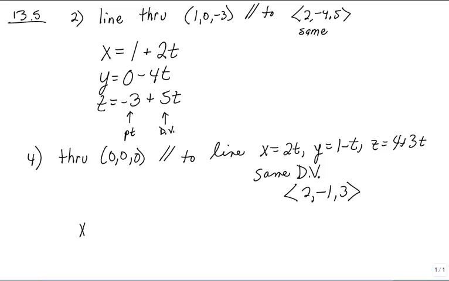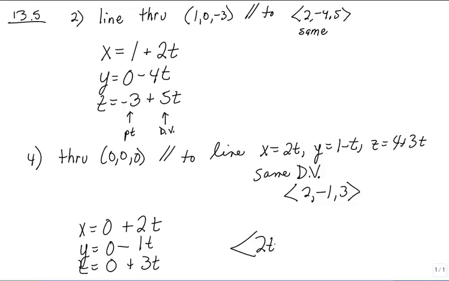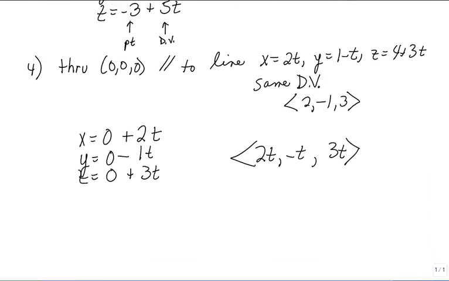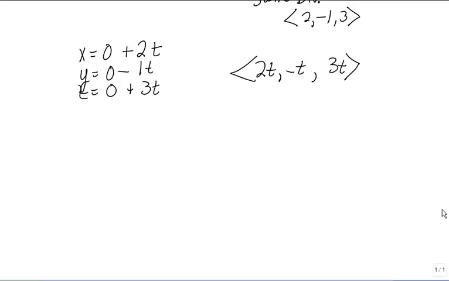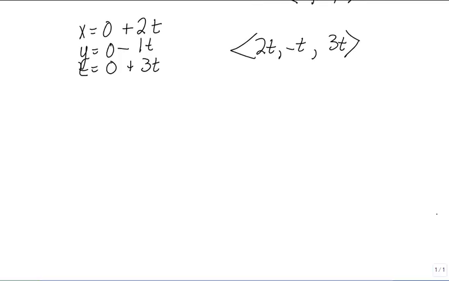So I have x equals 0, the point, plus 2t from the direction vector, y equals 0 minus 1t, and z equals 0 plus 3t. So my line is (2t, -t, 3t). I could write it as that vector.